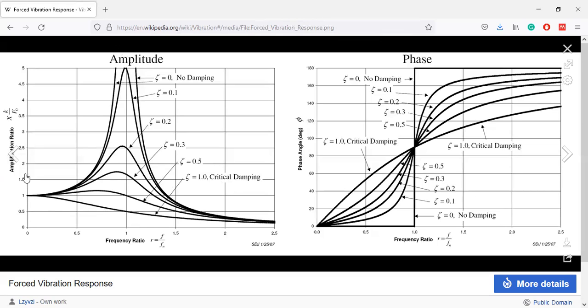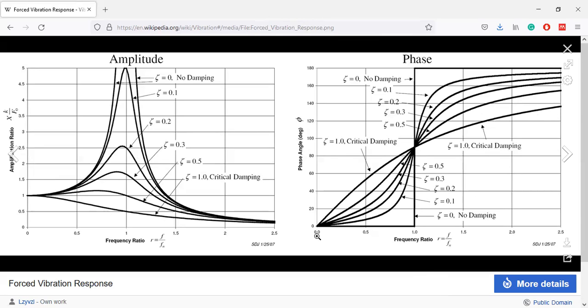Okay, so the frequency ratio, the frequency of the system over the natural frequency, is here. And here also you can see the phase angle versus the frequency ratio. So for the same case, for the critically damped case, you can see this graph.